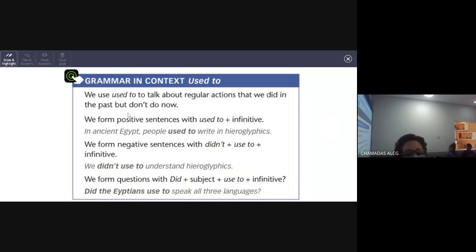We form positive sentences with used to plus infinitive. Example, in ancient Egypt, people used to write in hieroglyphs. So this is the language they used in ancient Egypt.